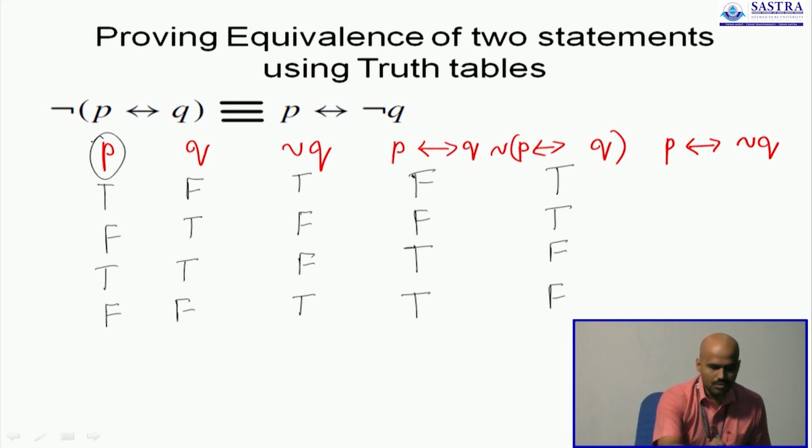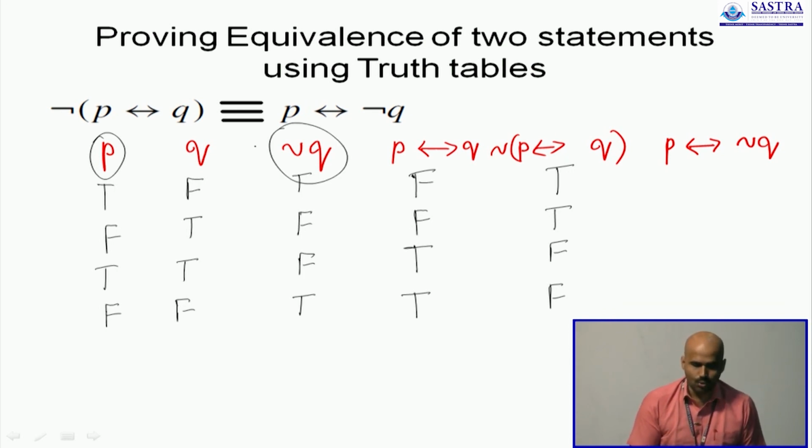Now let's consider the last biconditional that we have between P and negation Q. That is columns 1 and 3 are to be considered as a biconditional. You know how a biconditional works. It returns a true value when they are identical. So you see that columns 1 and 3 are identical only in the first and the last rows. In fact, the other two rows are false.